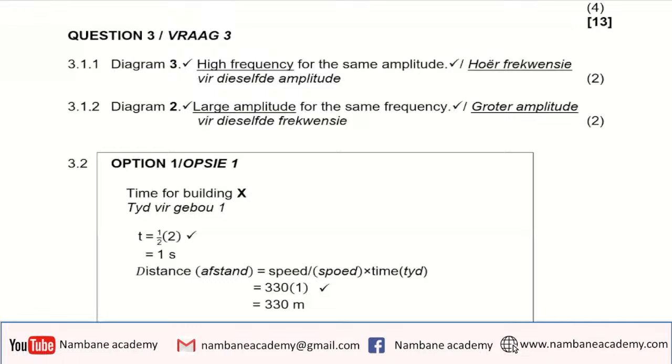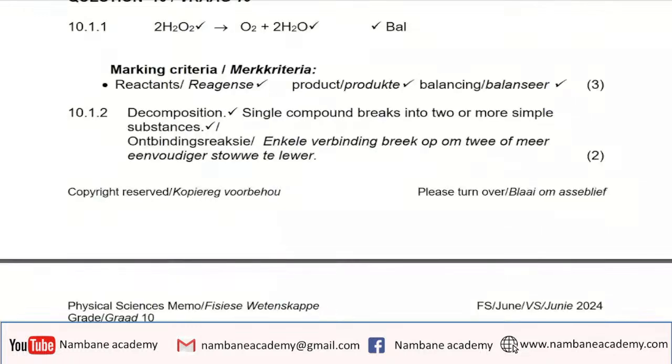So let's mark it independently. If he gets something totally wrong, let's say he wrote something like H2O7, that will be wrong, because there are no 7 oxygens in that. So that is totally wrong. If you look at 10.1.1 and it's completely wrong, and now he tries to calculate 10.1.4, then we're not going to mark.